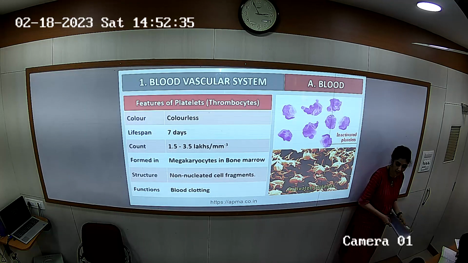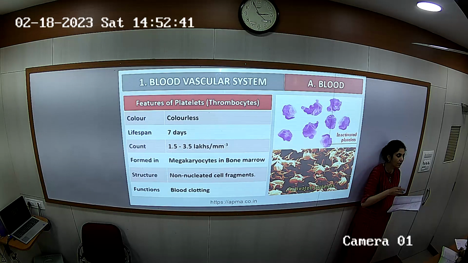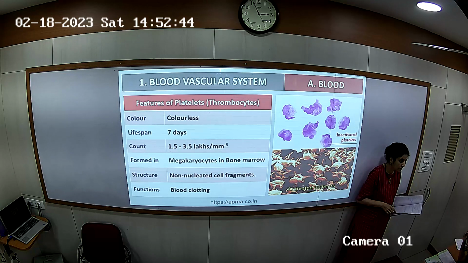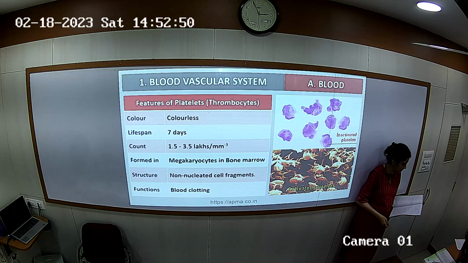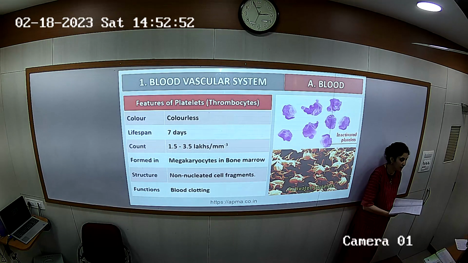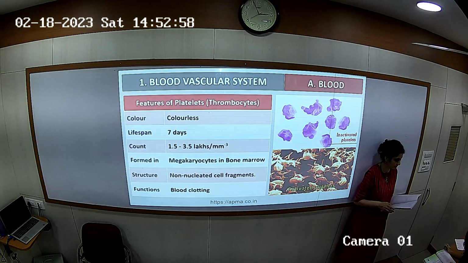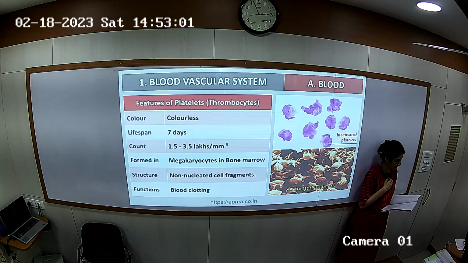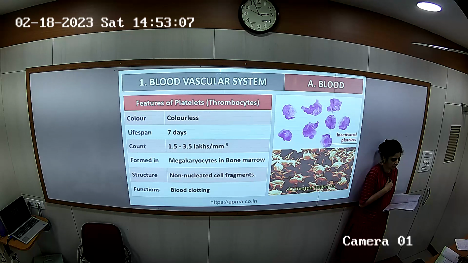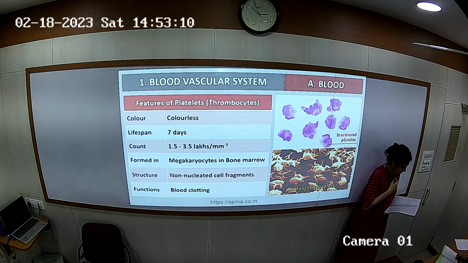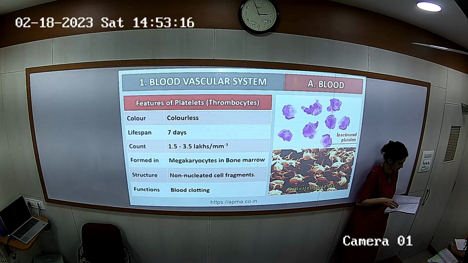Okay? Sometimes they say basophil is twisted or sometimes they say S-shaped, but Truman has said S-shaped. Monocyte is bean-shaped and lymphocyte is rounded.